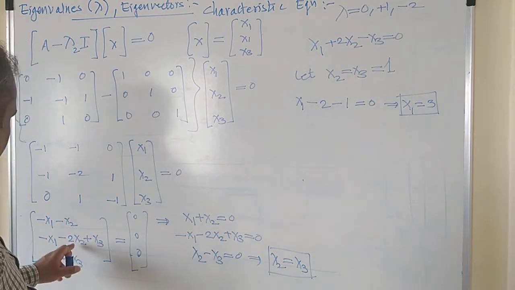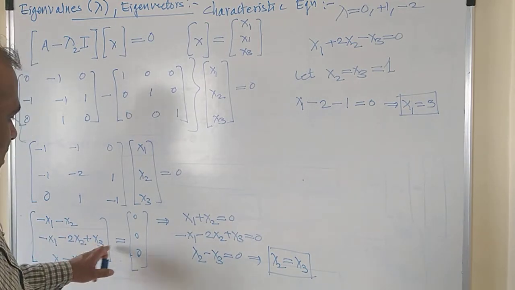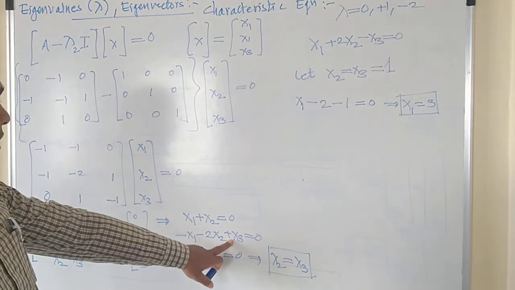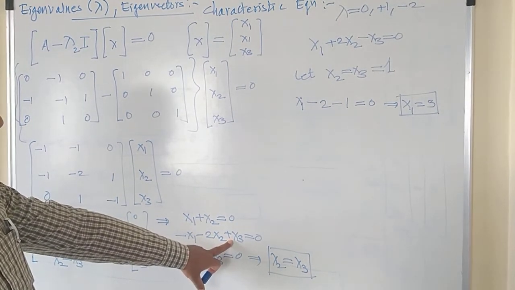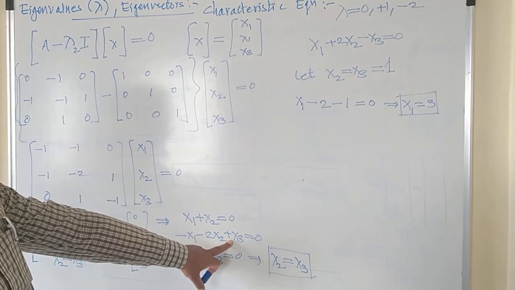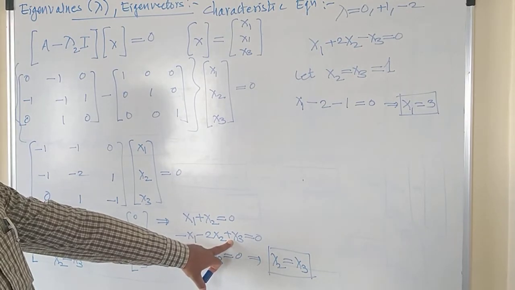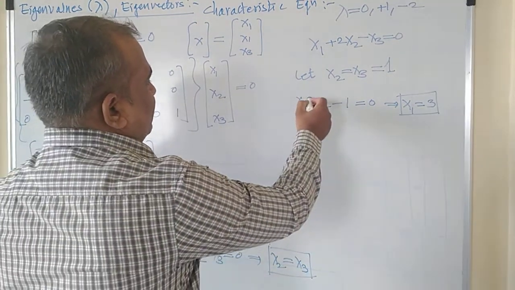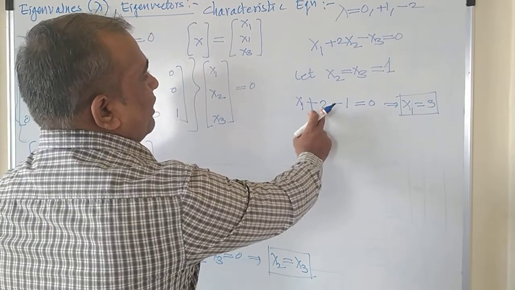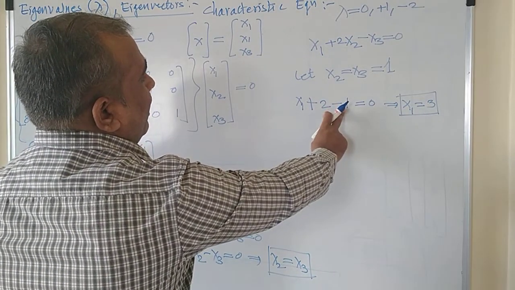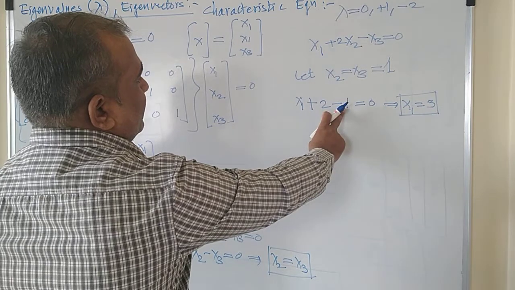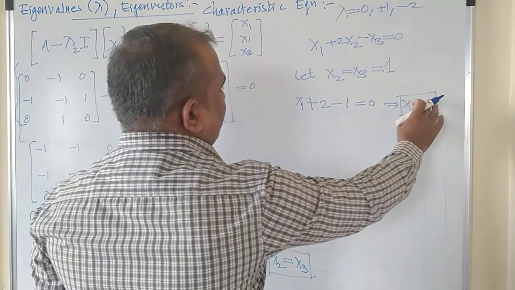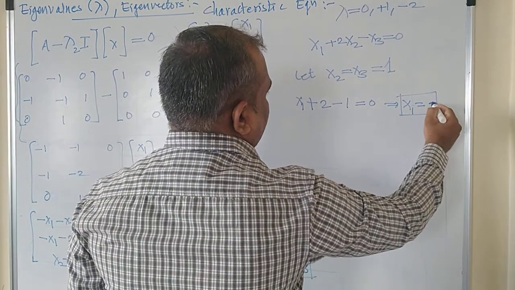Am I correct or wrong? If I take out the negative sign common, this is x1 plus 2x2 minus x3. Okay, and x1, oh this is plus, no? Plus 2 times 1 minus 1, now it's okay, isn't it? 2 minus 1 is 1, so x1 is minus 1, not 3.